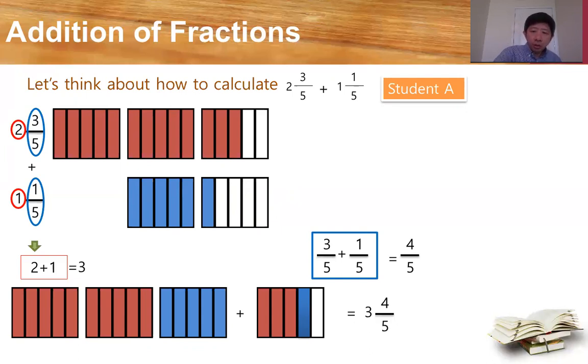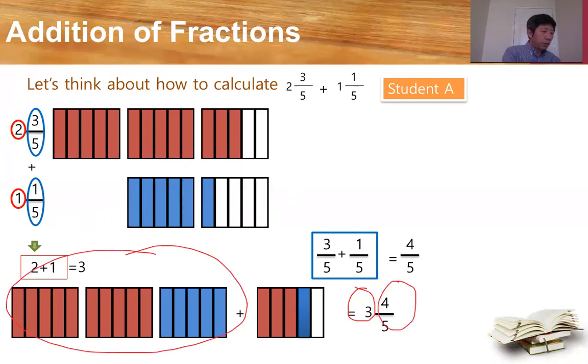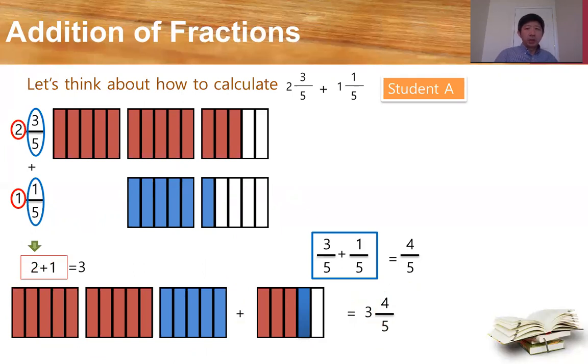So this shows 3. This is a 3. This shows 4/5. All right. So this student came up with the answer. They remembered that in class we talked about decomposing.